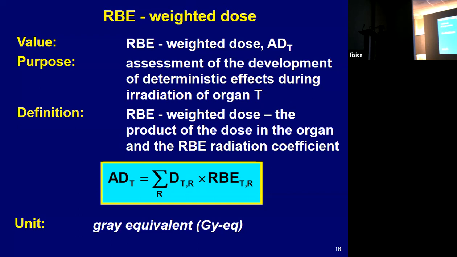This value is equal to the product of the absorbed dose of R-type radiation in the organ or tissue T, D, by the coefficient of relative biological effectiveness RBE with indices T and R. The unit of measure for the RBE weighted dose is joule per kilogram, which is the same as before, but not equivalent.